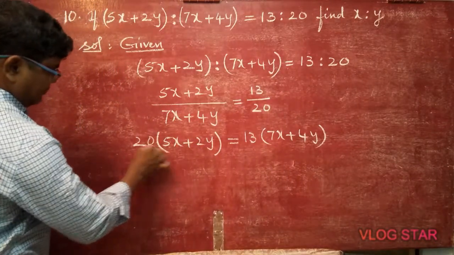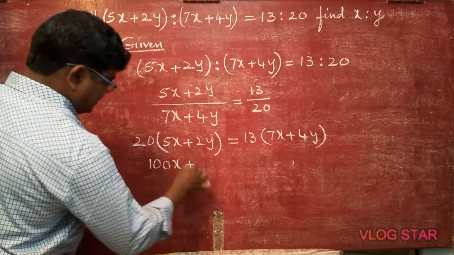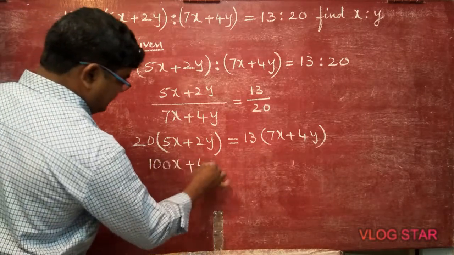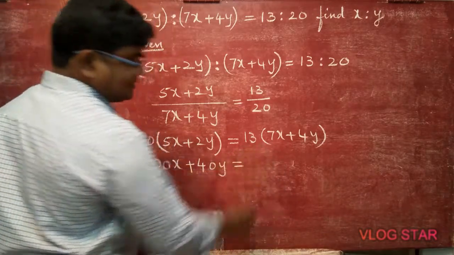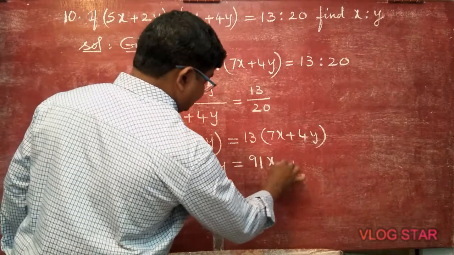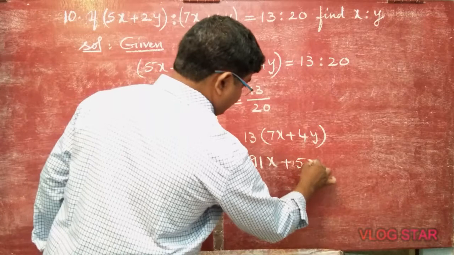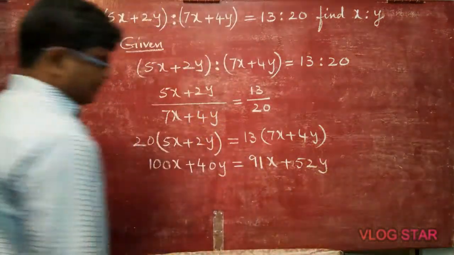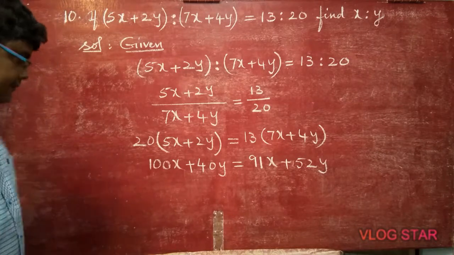Now multiply. 20 5s are 100, 100x, plus 20 2s are 40, 40y, is equal to 13 sevens 91, 91x, plus 13 fours 52y. Now bring x terms to left side, y terms to right side.